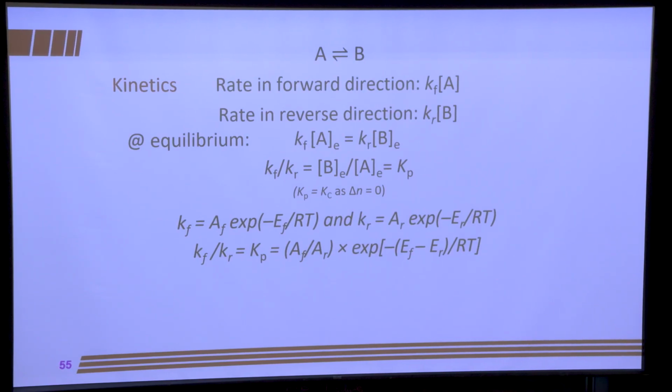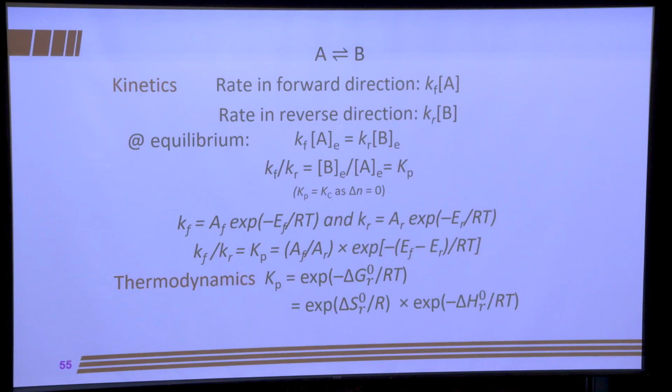It's fairly straightforward. From thermodynamics, though, we know that Kp is equal to the exponent of minus the standard Gibbs free energy change for a reaction over RT. So that's equal to e to the standard change in entropy for a reaction over R times the exponent of minus the standard change in enthalpy for a reaction over RT.